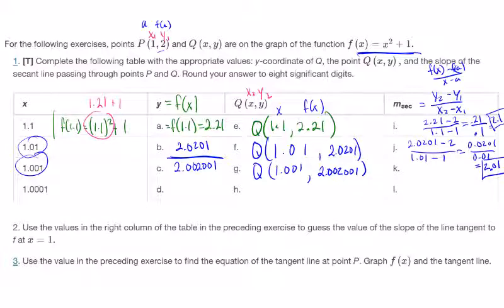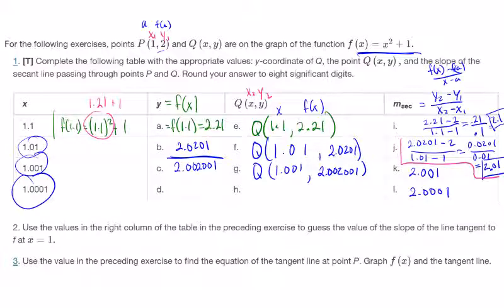All right, and just to cut to the chase here, if we plug this into the formula, what we're going to get is 2.001. Okay, and you might be able to see a pattern here: 2.1, 2.01, 2.001. So what do you think this one's going to be? And that's right, 2.0001.